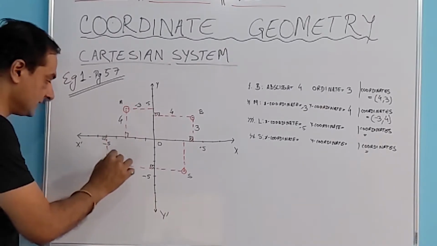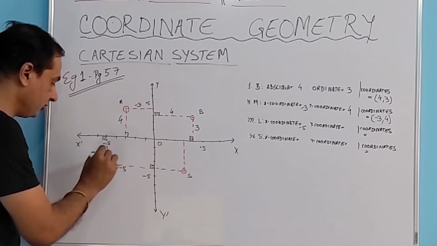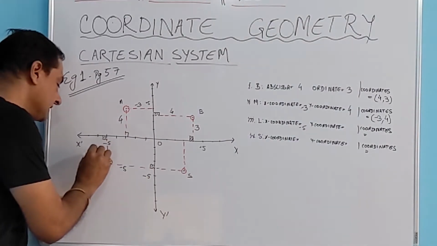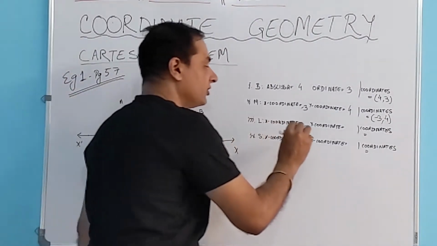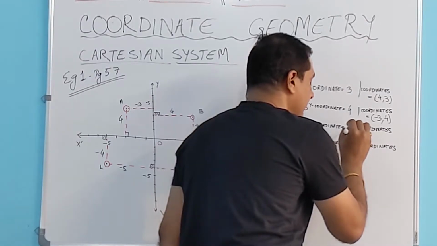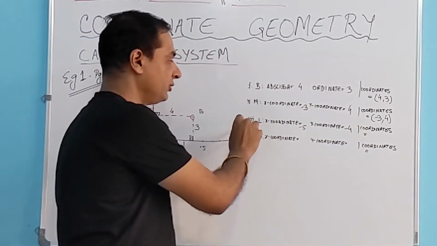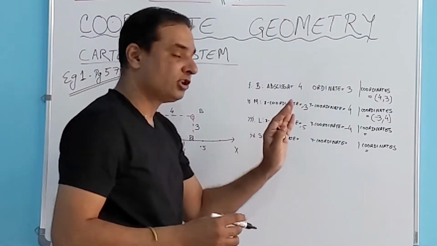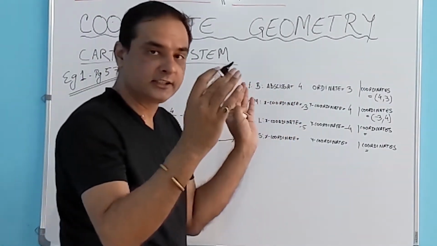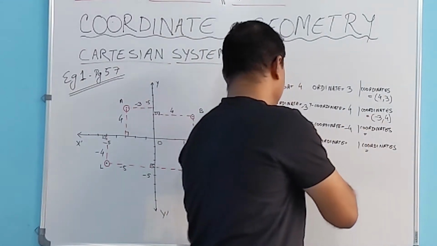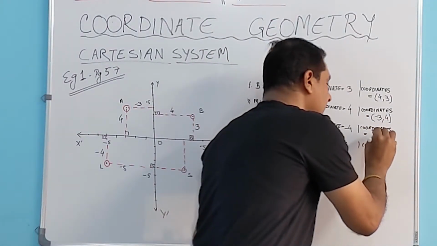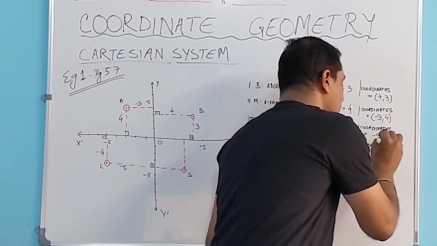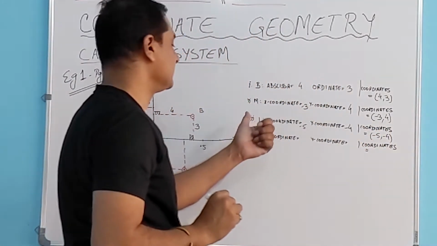This perpendicular distance comes out to be 1, 2, 3, 4. But since it is in the negative direction, we write that as negative 4. So the y coordinate is minus 4 for point L. Again, how do we write the coordinates? X coordinate, comma, y coordinate, in a bracket. So the x coordinate for L is minus 5 and the y coordinate is minus 4, and we put that in a bracket. These are the coordinates for point L.